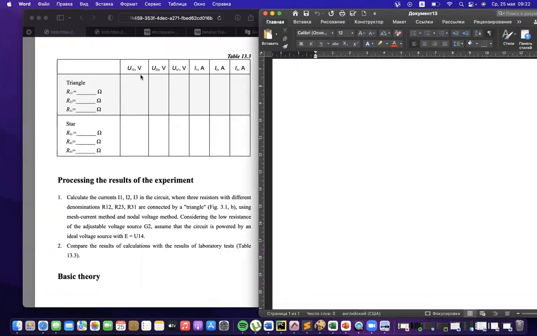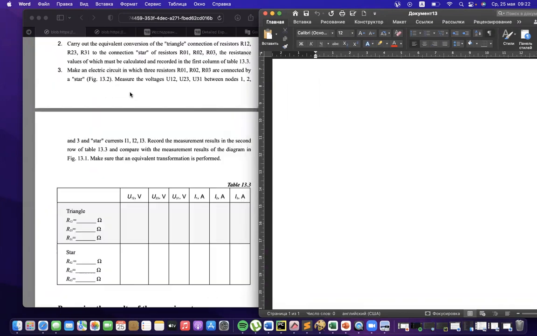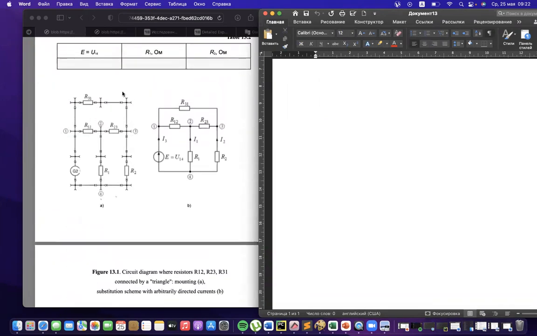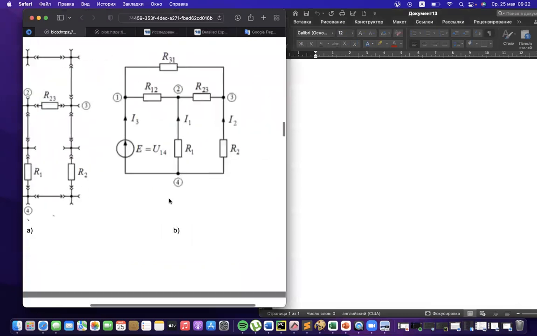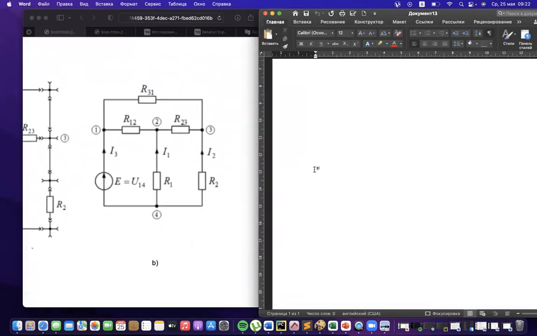The first part, as you're asking about U12, it is connected with the triangle. It means for this circuit you are searching for currents.